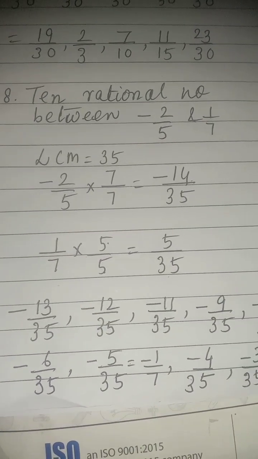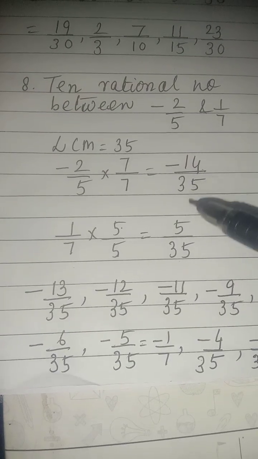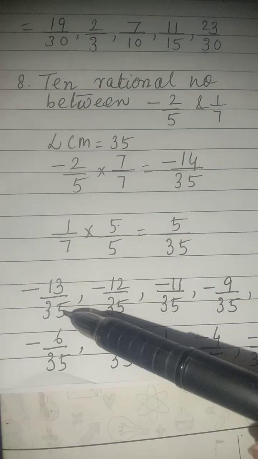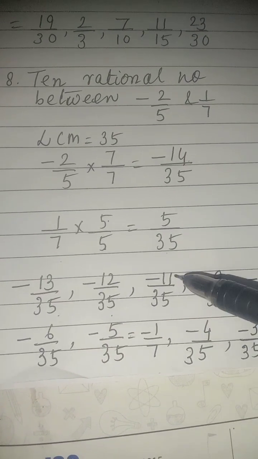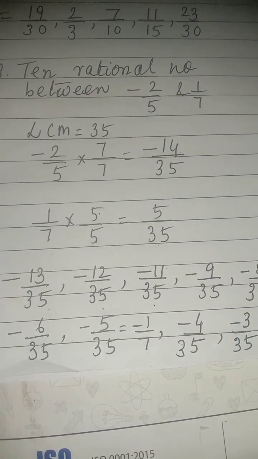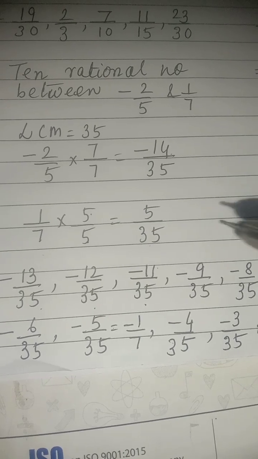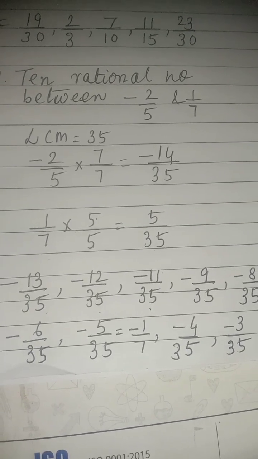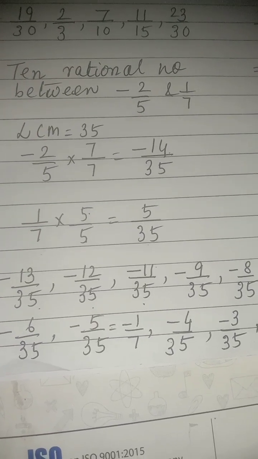Now, since there is quite a gap between minus 14 and 5, we can easily insert. So it's minus 13 by 35, minus 12 by 35, minus 11 by 35, minus 10 by 35 is also there, but we can skip one or two in between because the range is quite large. We can easily find the 10 rational numbers in between, so that is why I skipped.